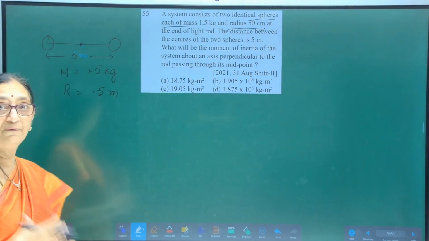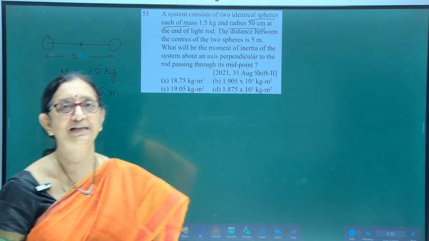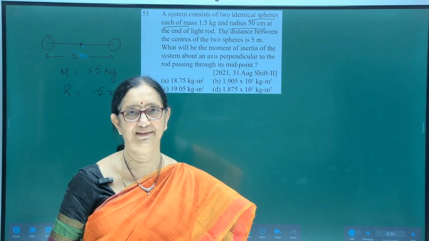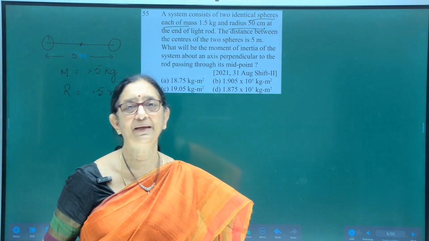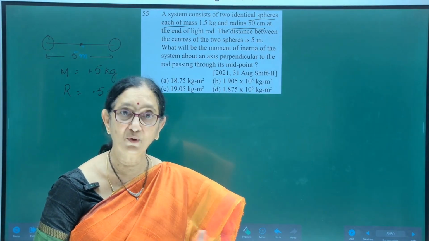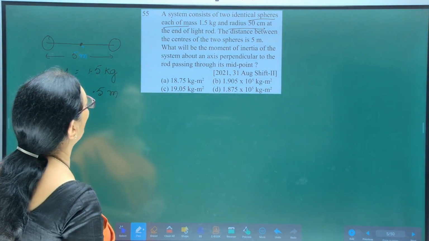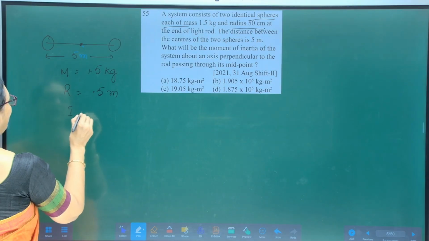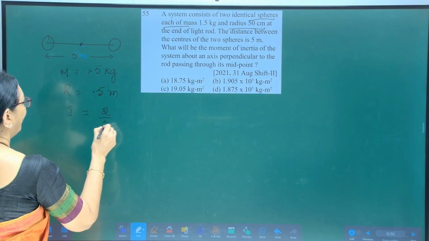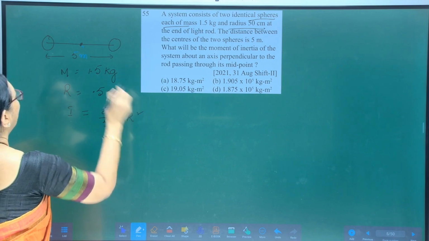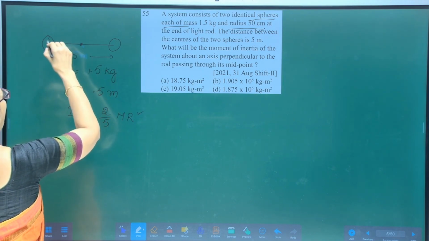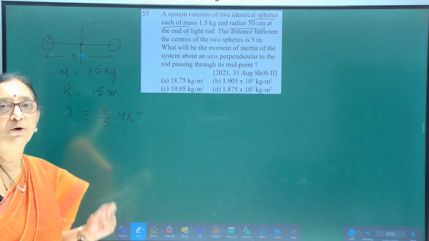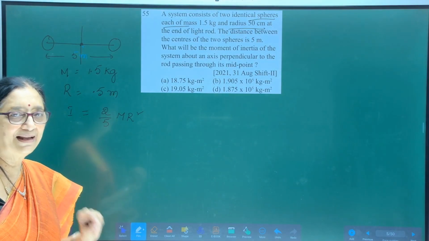If they do not mention the spheres as hollow, we take them as solid spheres. So the moment of inertia of a solid sphere is 2 by 5 mr square. But if you want to find the moment of inertia of any object about an axis not passing through its center, we have to apply the parallel axis theorem.